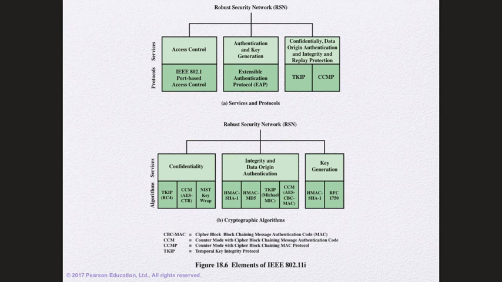So these are two streams going in parallel. How do I identify each one of them from the other? I give them a logical identifier called the port number, okay? The one going for HTTP is going to carry some port number. The one going for the download is going to carry another port number. So that's what's called a port. A port is an identifier for a logical stream of data.